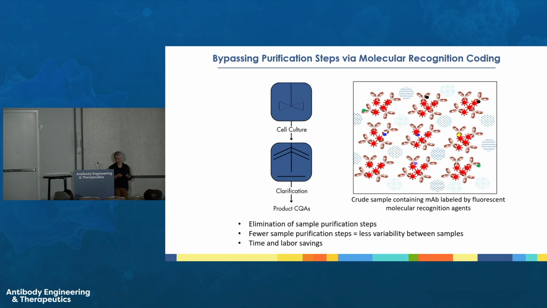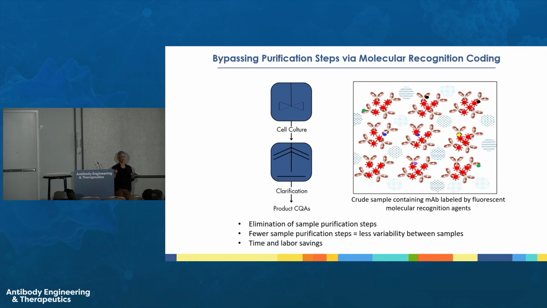So you can actually bypass a lot of purification steps if you use molecular recognition coding. You take the cell culture, the clarified fermentation broth, and directly by molecular recognition coding, you can get the product's biological quality attributes. That's because the binding of the fluorophore is so specific to the IgG that the contaminants become more or less invisible.